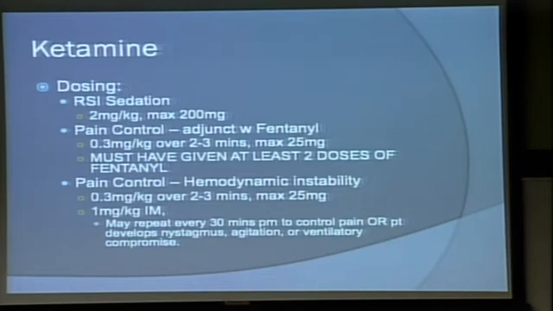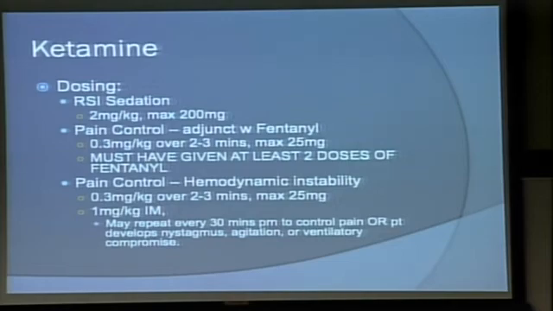It's exactly what the military is doing. It's the same exact thing. What's the max if you do IM? At a time? Sure. Generally 70 milligrams IM, and then repeat it after 30 minutes.